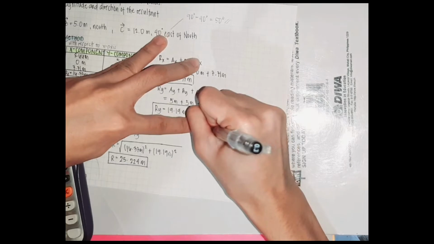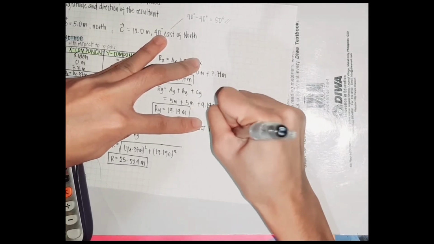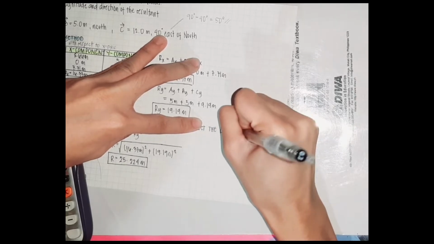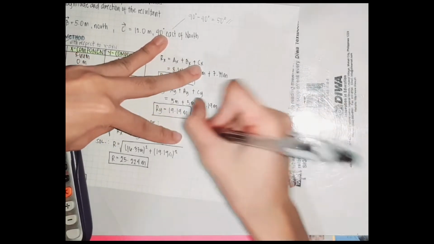And to be able to get the direction of the vector, we will be using the formula theta equals arctan Ry over Rx.